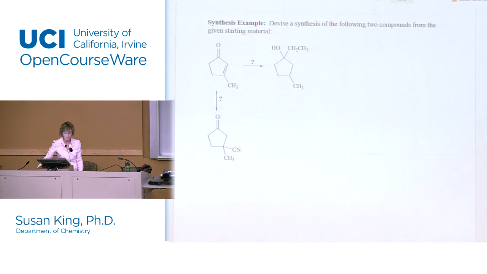You just have to remember when you have an alpha-beta unsaturated carbonyl that we can form the 1,2 and the 1,4 product. So if it's this, we have a carbonyl, this is the alpha position, this is the beta position. In the 1,4 product, we have a nucleophile incorporated into the beta position.